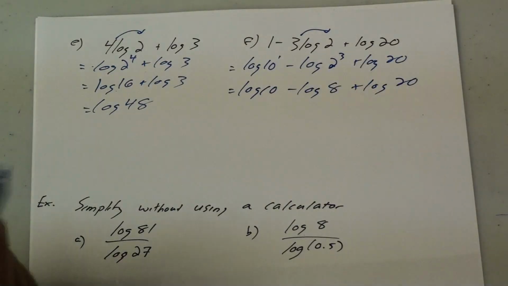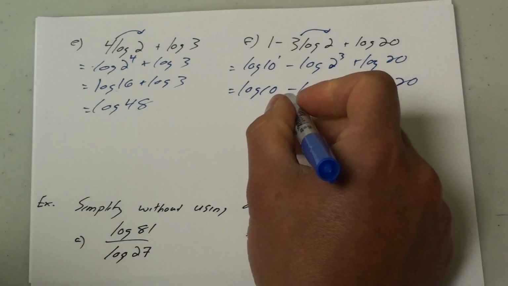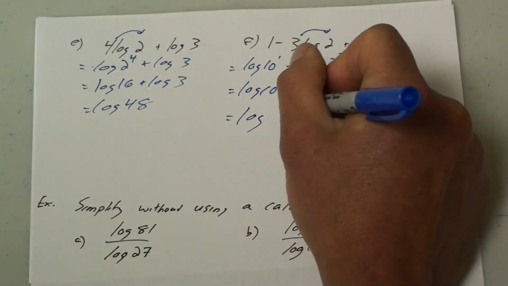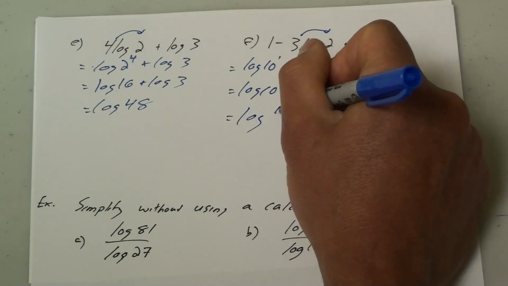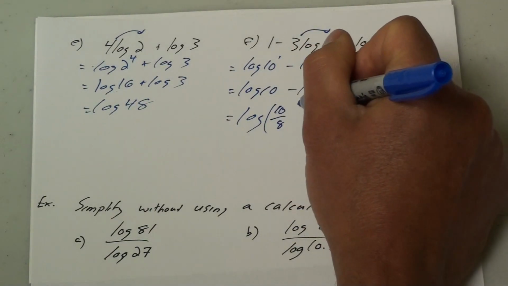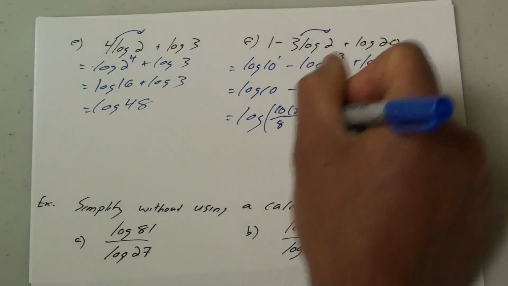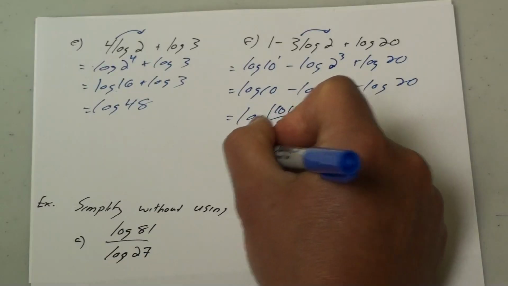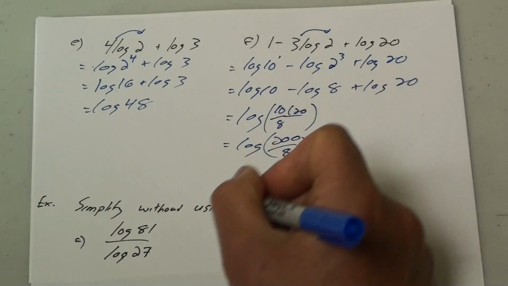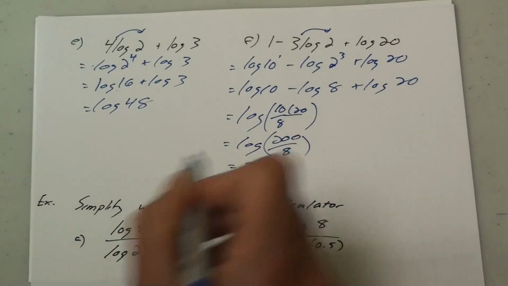Now I need to do dividing and then multiplying for the subtraction and adding to get it all down to one logarithm. So I'm going to have 10 divided by 8, times 20. Okay, which is going to give me log 200 divided by 8, or 100 divided by 4, which is 25.